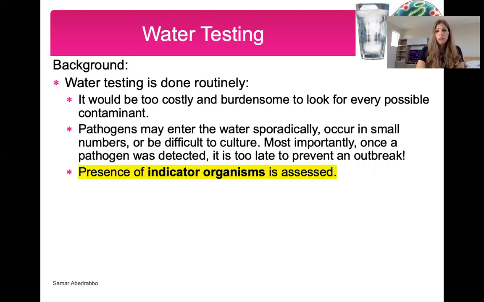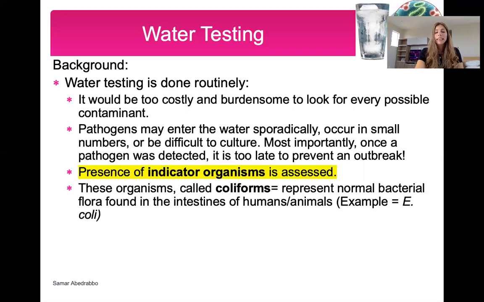So what scientists do is they look for these organisms called indicator organisms. And the indicator organisms that we use in water testing are called coliforms. Coliforms are normal bacterial flora that are found in the intestines of humans and animals. Right now, if you were to culture the intestines of myself or animals like cows or a different farm, if you were to take a sample, we would see coliforms, which again are just the normal bacteria that are present in the intestines.